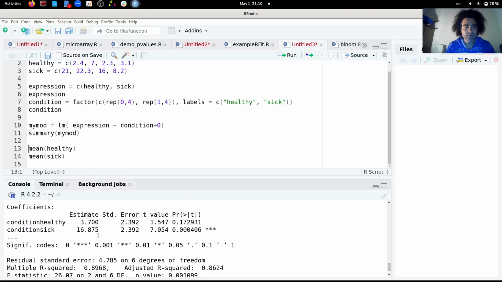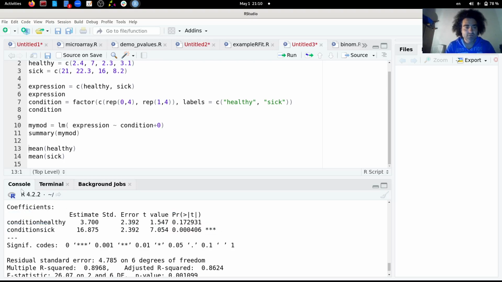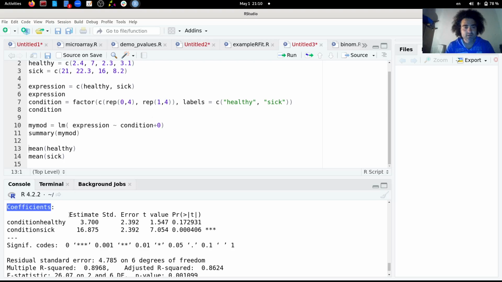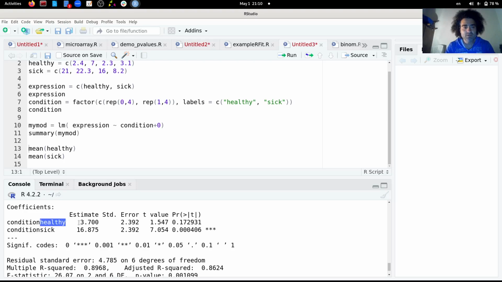And we have the following thing. So the result is this table down here with the coefficients. These coefficients here are the B1 and the B2 values. And it says that for the healthy individual, so if I remember well, for us it was this B1, the estimation is 3.7 from the data, and the p-value assigned to this is 0.17.